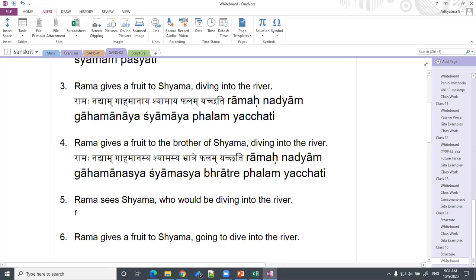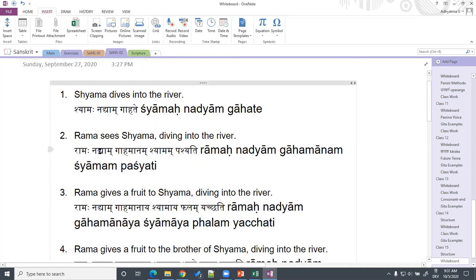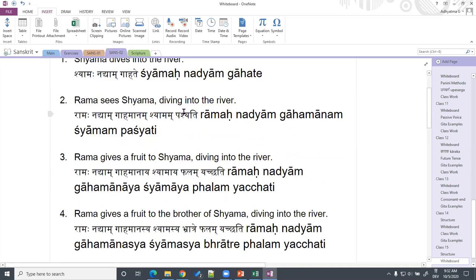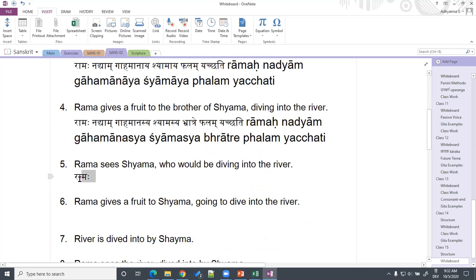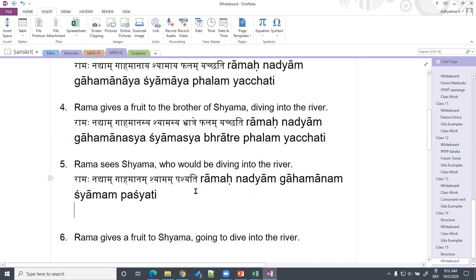So here the translation would be Ramaha Gahishyamana. So remember this sentence and the second sentence, they are very similar, except here I can actually take the same sentence. So Rama sees Shyama diving into the river. I can take exactly the same sentence. Here it's diving into the river. So instead of Gahamanam, it becomes Gahishyamana. That's the only difference. Otherwise, it will be the same.